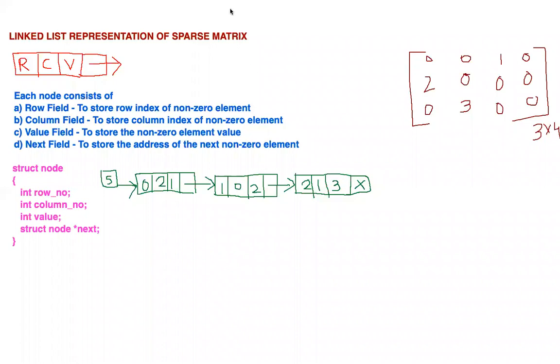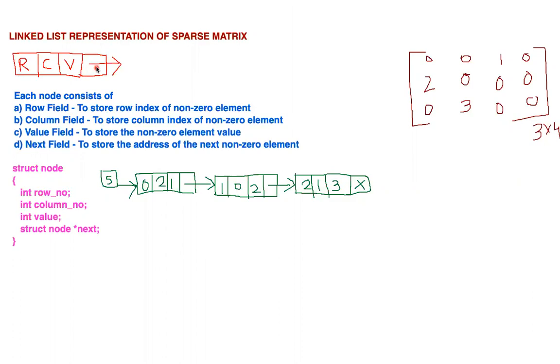Now, for the same matrix, if we see the linked list representation, then it is like this. So there will be 4 fields. The first field will be for storing the row number of the non-zero element. The second field will be for storing the column number of the non-zero element. The third field will be for storing the value of the non-zero element.